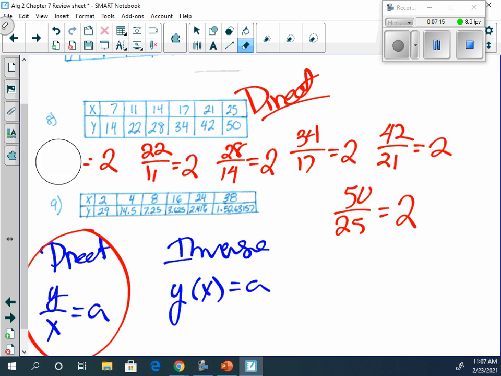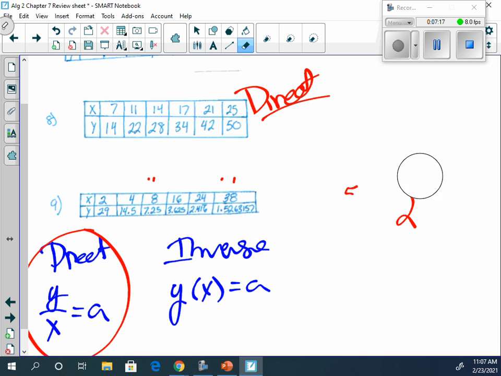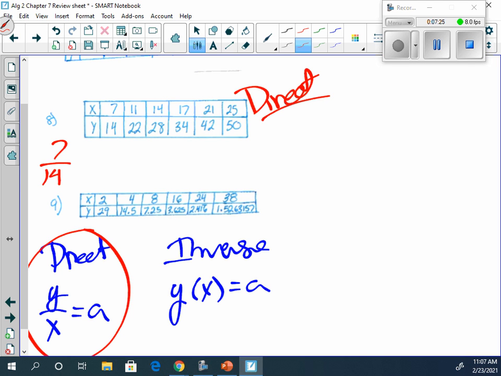Now, there was a question the other hour, does it have to be y divided by x? Can we do x divided by y? And yes, that's perfectly fine. Because if I do it the other direction, we would have 7 divided by 14, which is 1/2. If I do the next one, 11 divided by 22, well, that's still 1/2. And each one of these would give us 1/2.